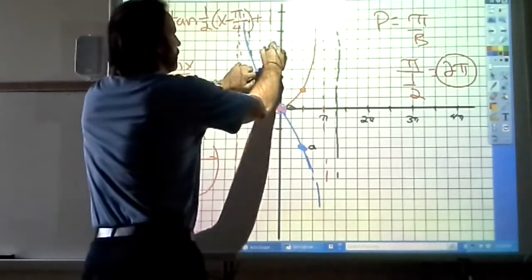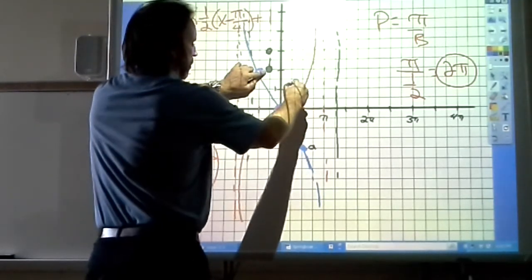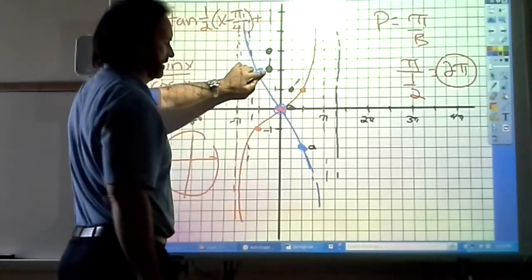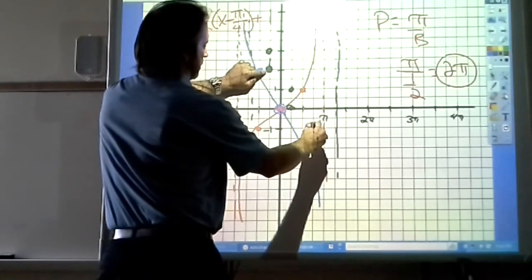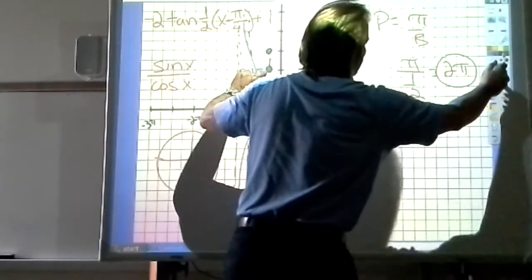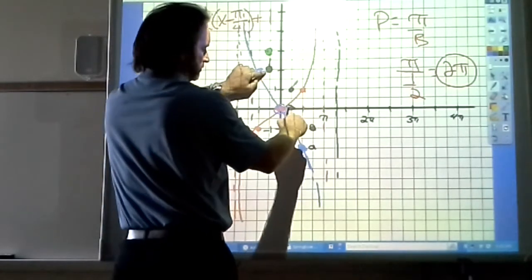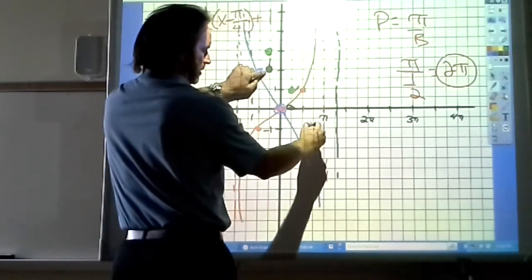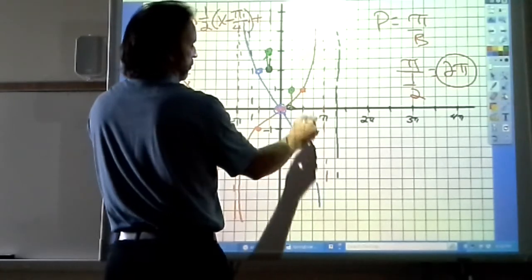Plus 1. So they're all going to move up 1. 1 here, 1 here, and 1 here. I'll put that in greenish here. So here's my final. Notice how it came up 1. My last thing was the vertical shift up 1.